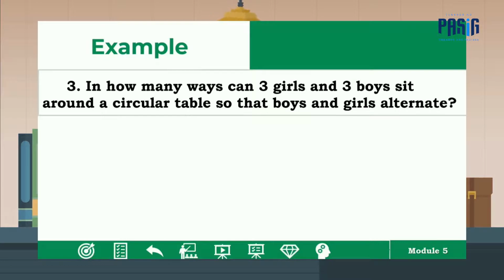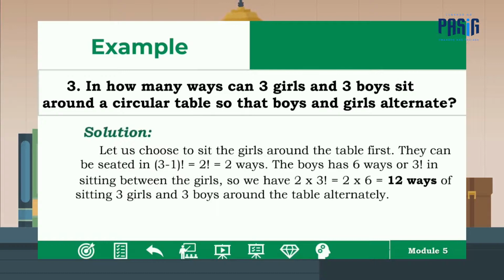Number 3 example. In how many ways can 3 girls and 3 boys sit around a circular table so that boys and girls alternate? So let us choose to sit the girls around the table first.